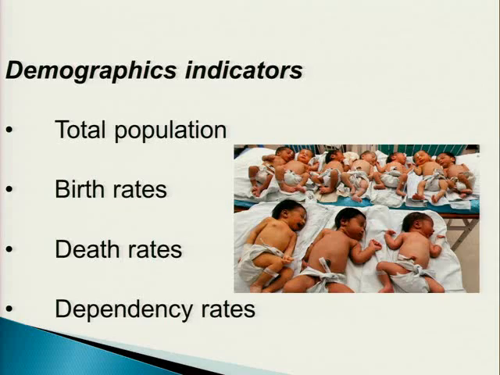Now, the first social indicator that we have there is demographic indicators. This is where we are looking at the total population of the country. Not very long ago, I think they said we have round about 54 million people in South Africa.